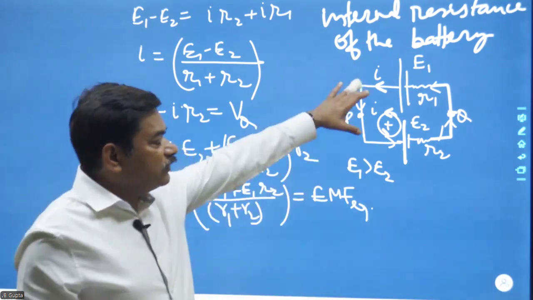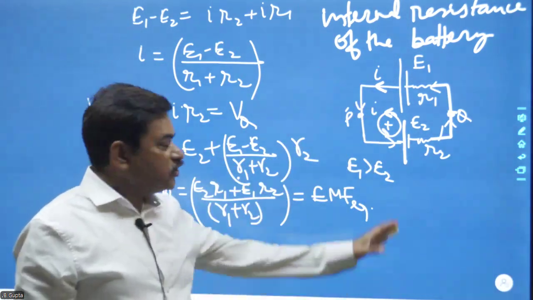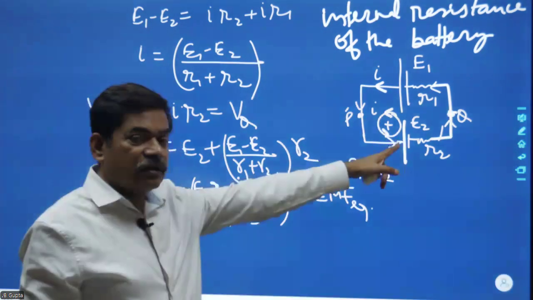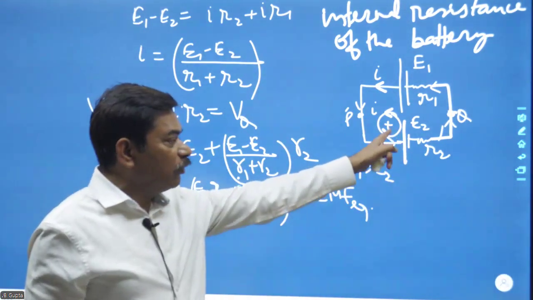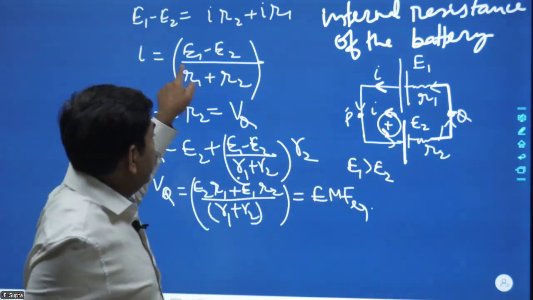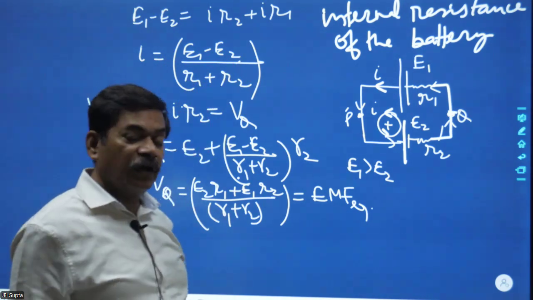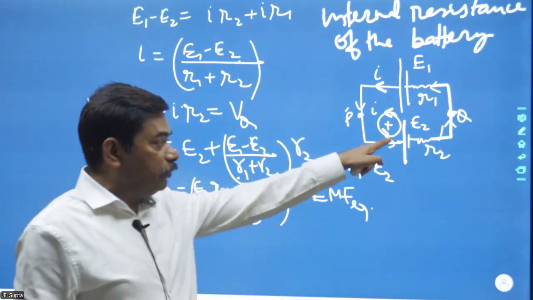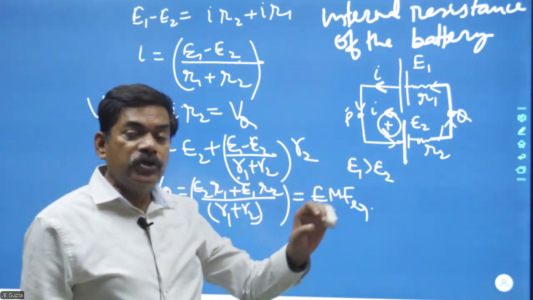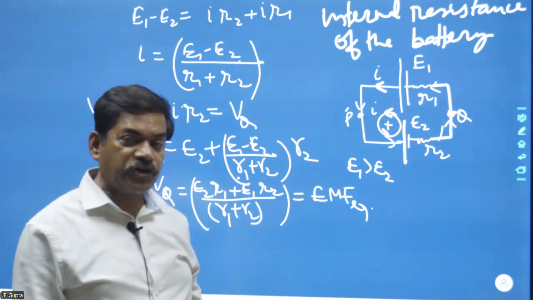So in whatever way the cell is connected, you apply the same process. Suppose the EMF E2 of this cell were towards the right, the positive of this cell towards the right, then the current I would have been E1 plus E2 upon R1 plus R2. And reaching from point P to Q, you select any path while calculating the potential difference.